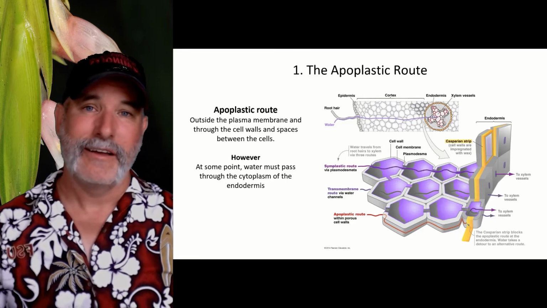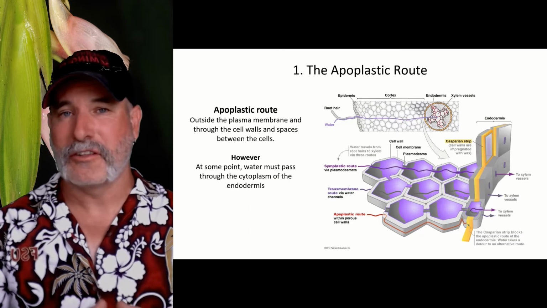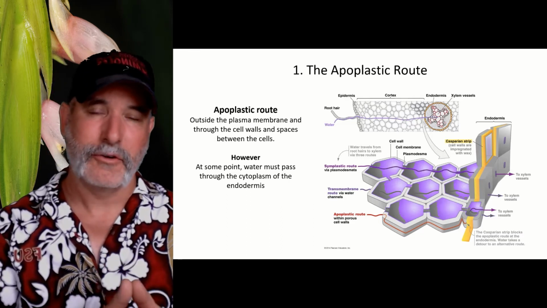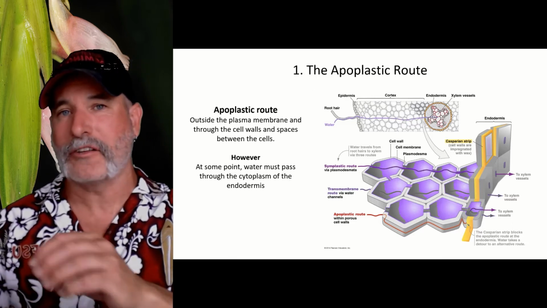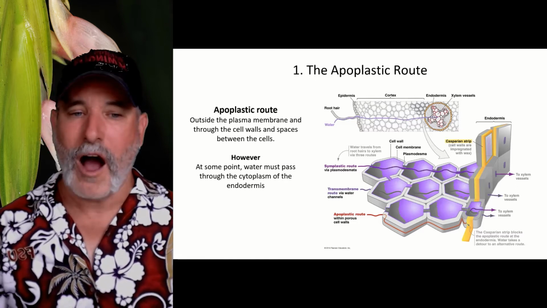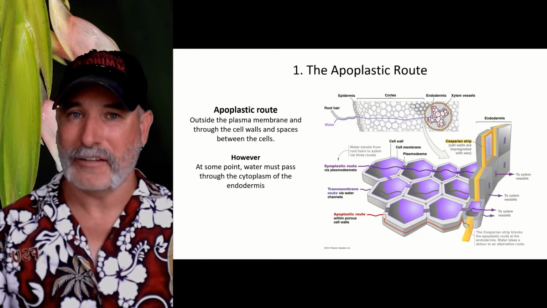However, at some point, right before the water gets into the vascular system, it must pass through the endodermis. And what that means is that even though the water is rapidly moving through this apoplastic route, it is going to enter into the endodermis and be blocked to control ions.